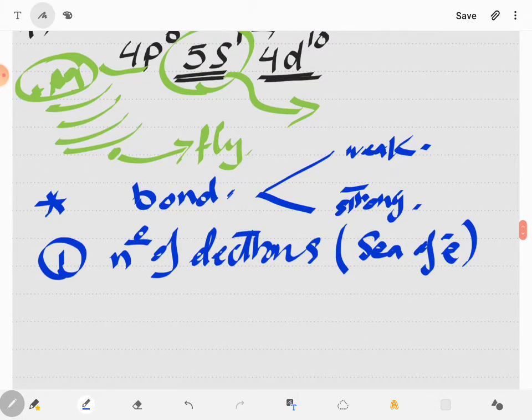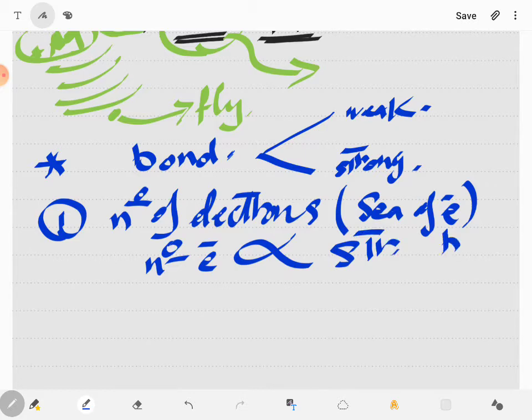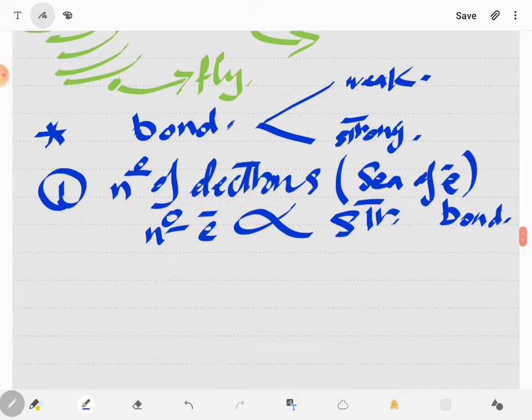The more valence electrons, the stronger the bond. So the number of electrons is directly proportional to the strength of the bond.